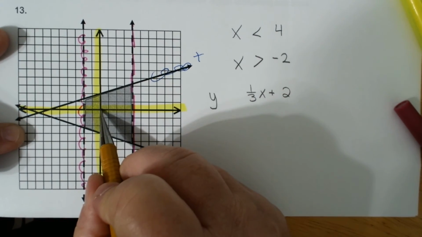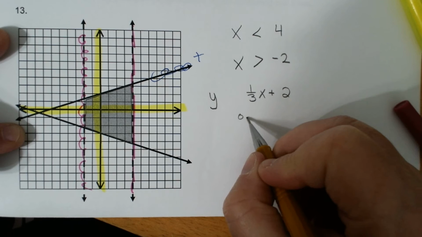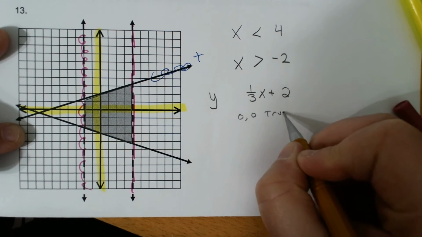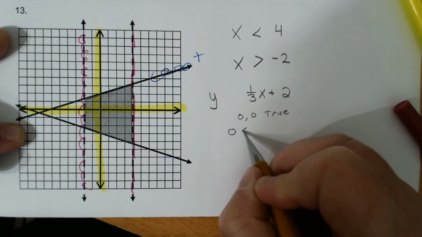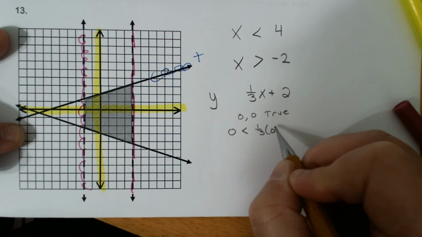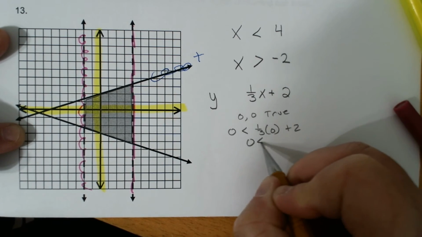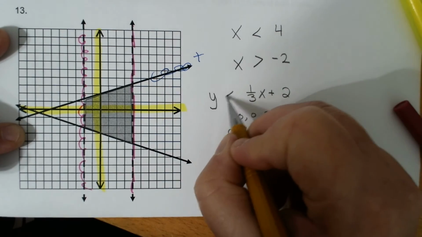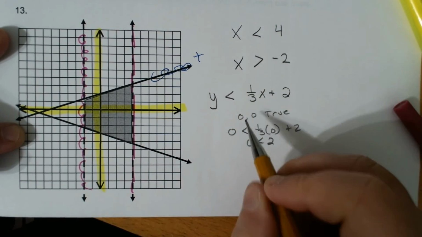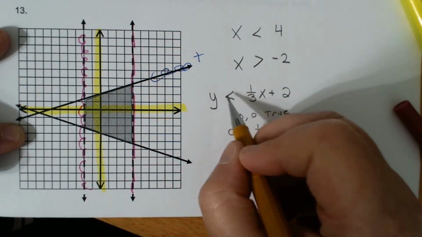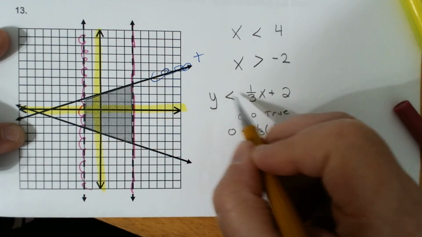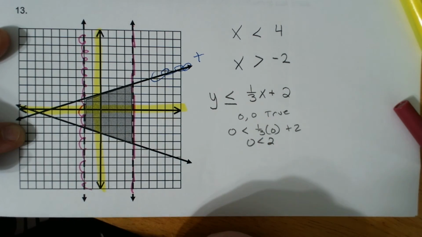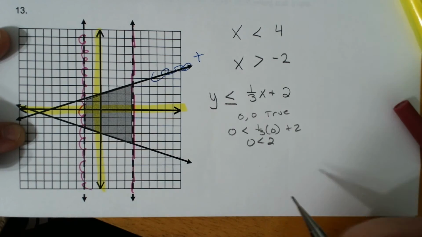And I want 0, 0 to be true. And 0 is less than 1/3 times 0 plus 2. 0 is less than 2. So I wanted it to be true, and I got it to be true. And that is a solid line, so it needs to be underlined.